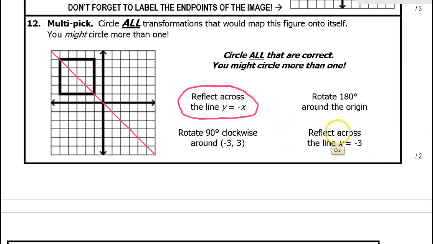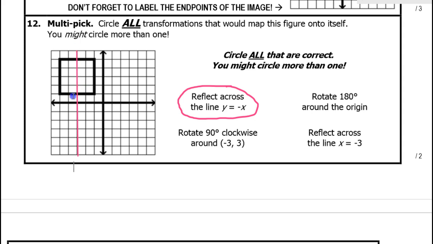I think I'll do all of the reflections at the same time. So let's think about the reflection across the line x equals negative 3. Okay, x equals negative 3 is a vertical line at negative 3. So is this an axis of symmetry for the square?